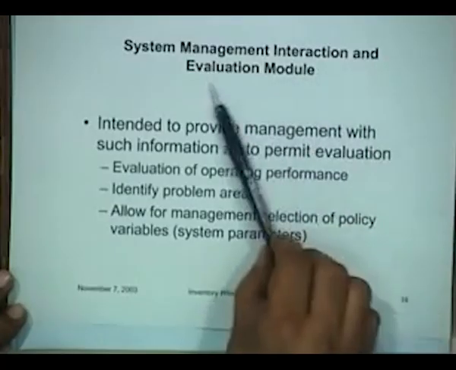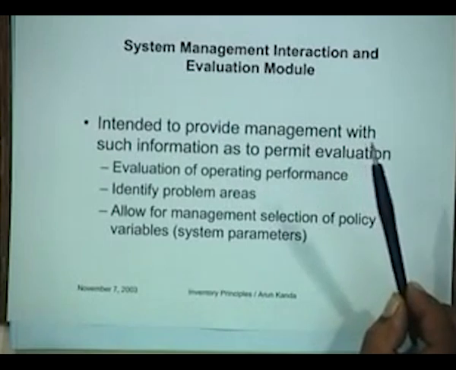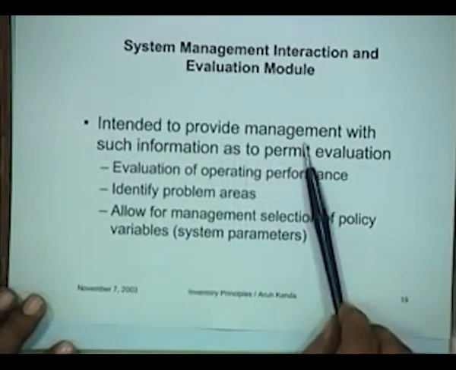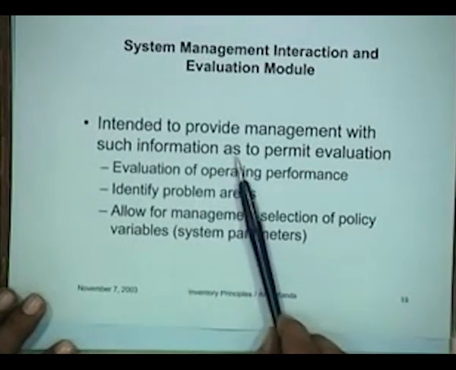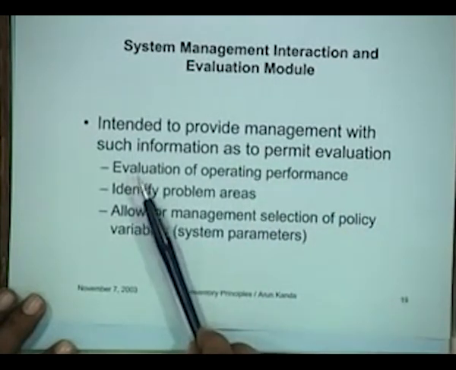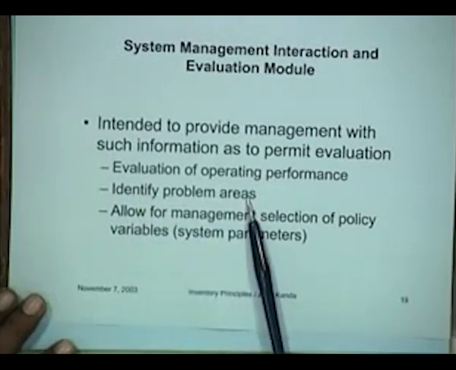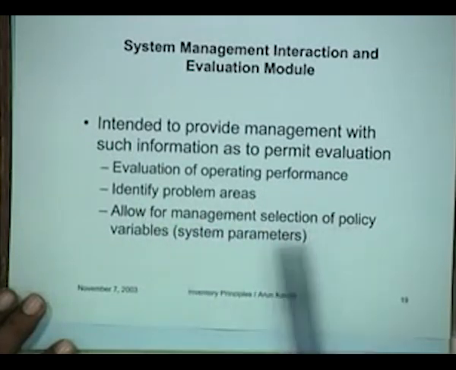And finally, the system management interaction and evaluation module. What do we mean by this? This is actually intended to provide management with such information as to permit evaluation of operating performance, identify problem areas, allow for management selection of policy variables or system parameters.